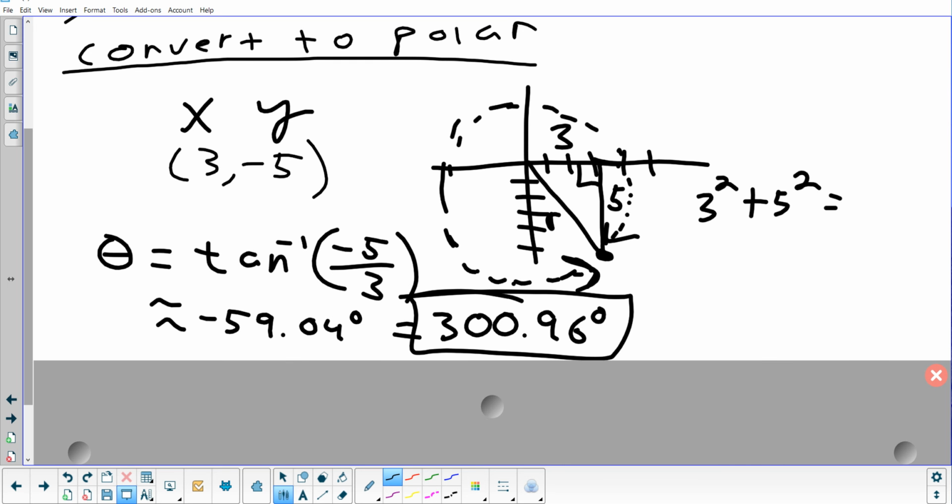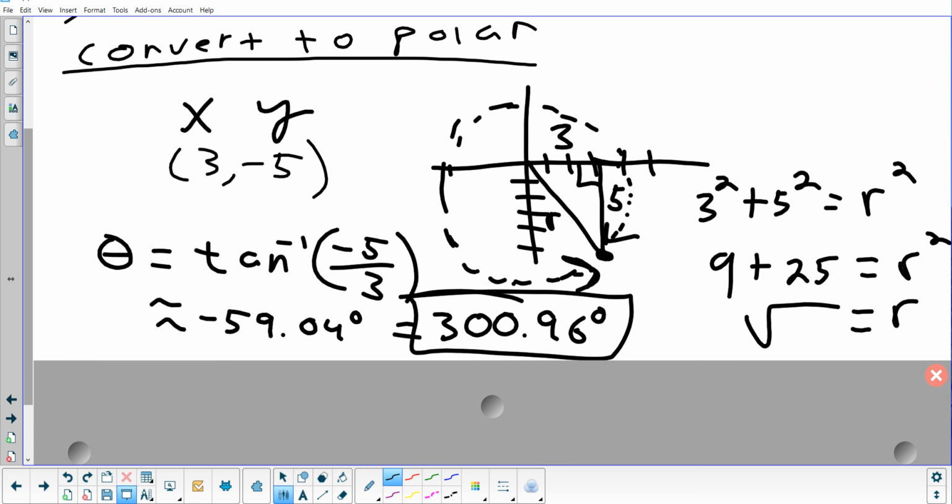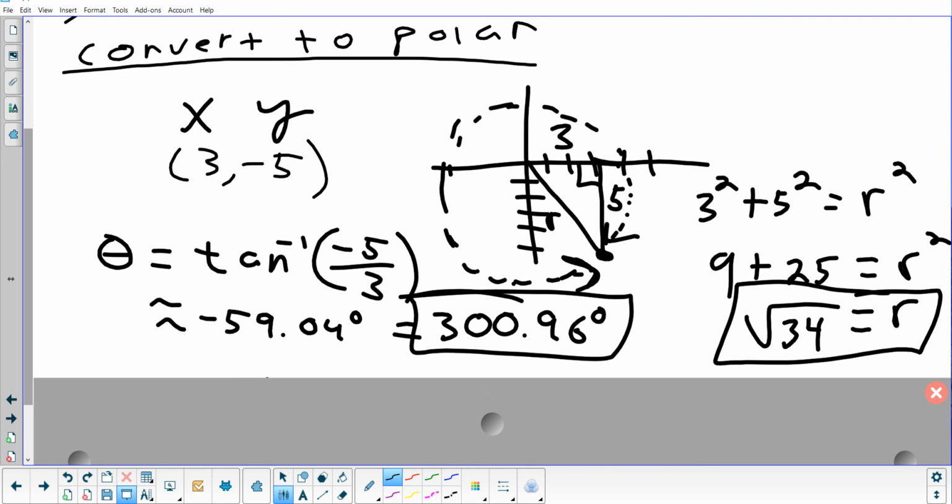Think about what we're solving for. C squared. C, yeah, we're going to call it R just because it's the radius. 3 squared is 9. 5 squared is 25. So R is the square root of how much? Okay, 34. There you go. Just write that as a coordinate, and you're done.